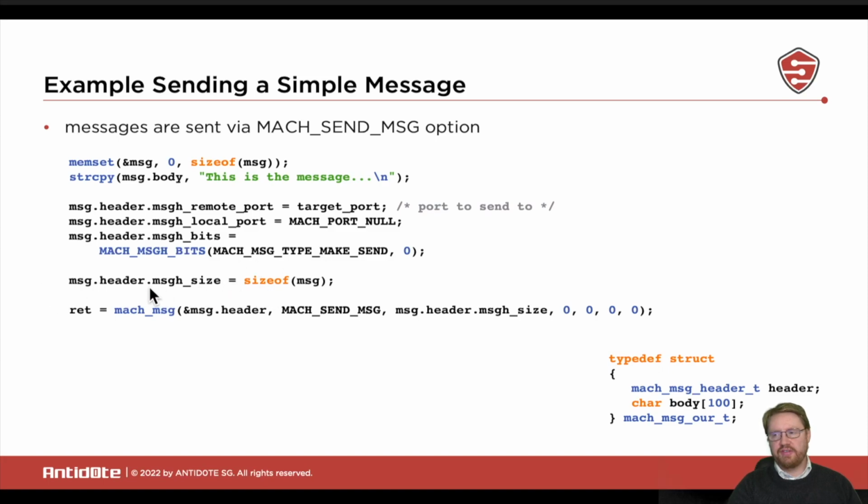Here we also fill in the message size in the header, but I told you earlier that this is actually discarded by the kernel because it cannot trust what the user writes into this. So this is later filled out by the kernel anyway. Yeah, and then we send the message, and what can happen here is that there's a problem, so it immediately errors out. It can also happen that it returns with no error, which means the message was enqueued, but it can also just block in case the message queue for the receiver is full.